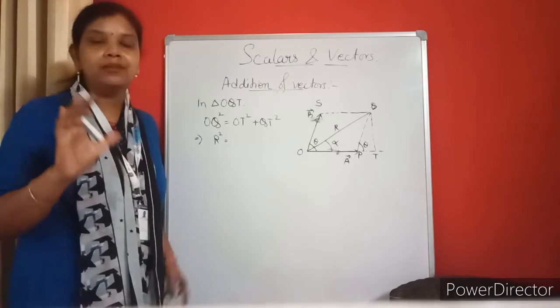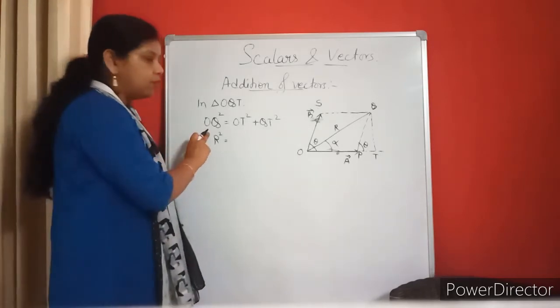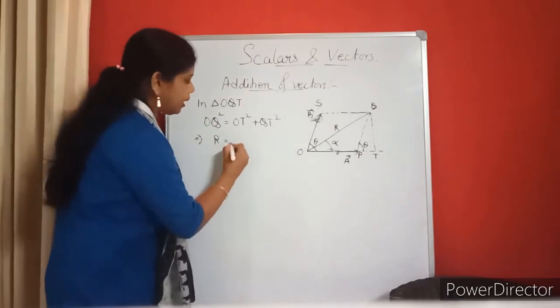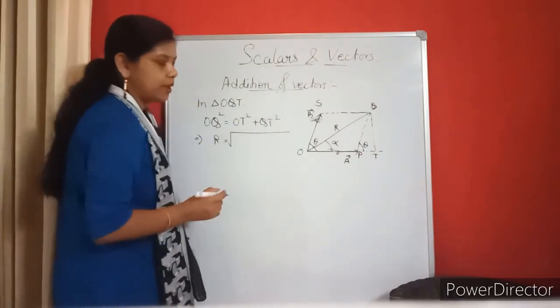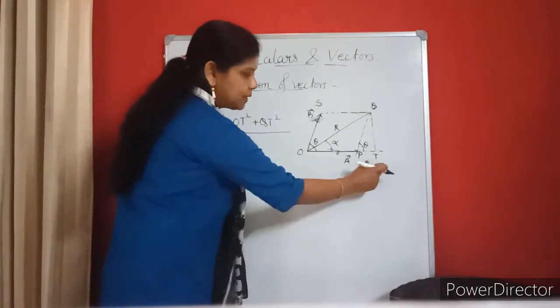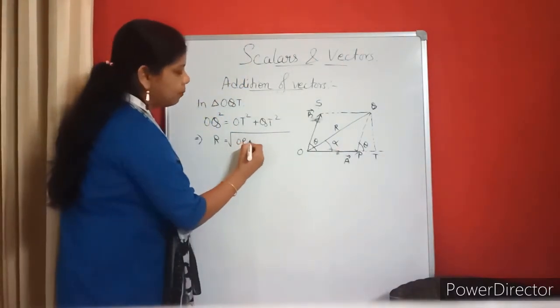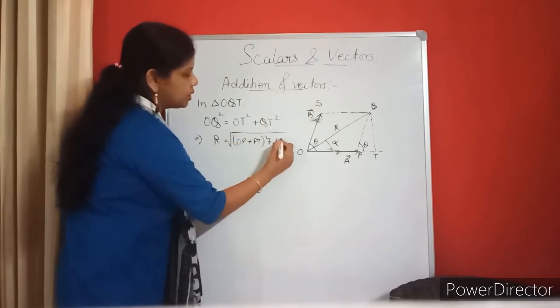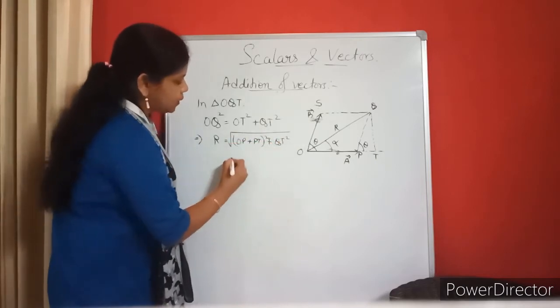I am talking about the distance only. So I will write R without the vector symbol. Now R will be root over OT square. Can I write OT as OP plus PT? I will write R square is equal to OP plus PT whole square plus QT square. So this is my expression.